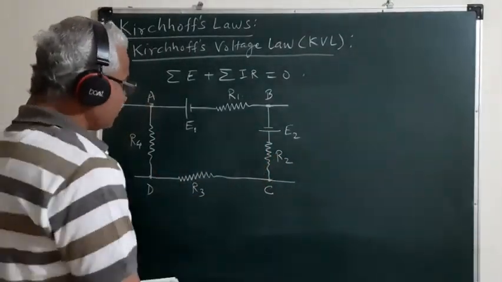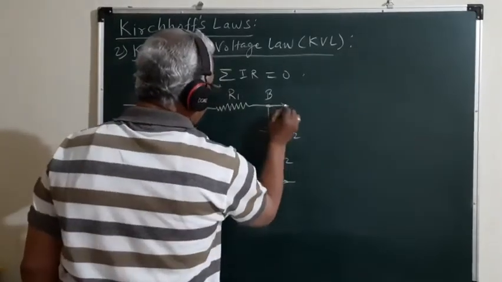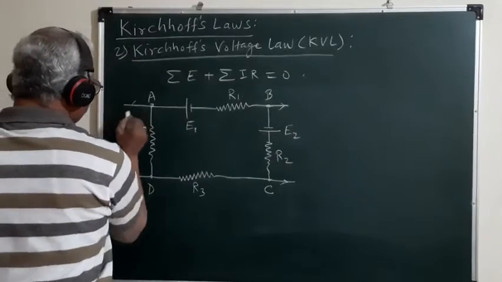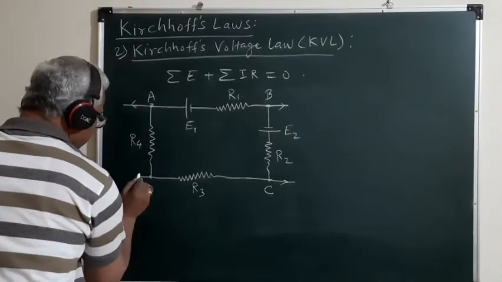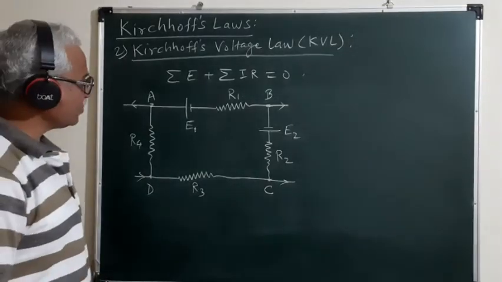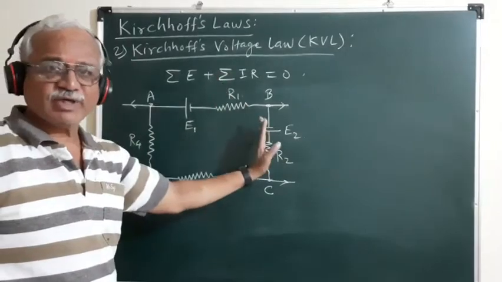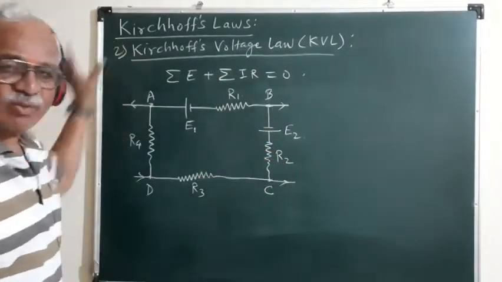But certain current branches in these branches also, whether this direction of the current is this direction or this direction, we do not know. All that depends on what the values of E1 and E2 are, and also it depends on what the rest of the network is.